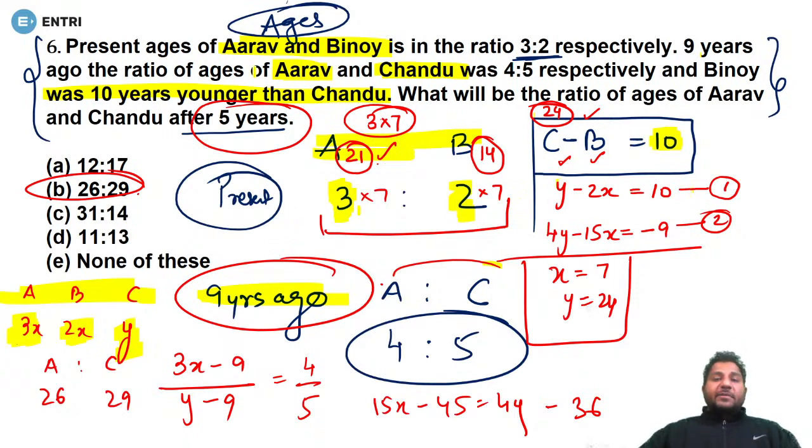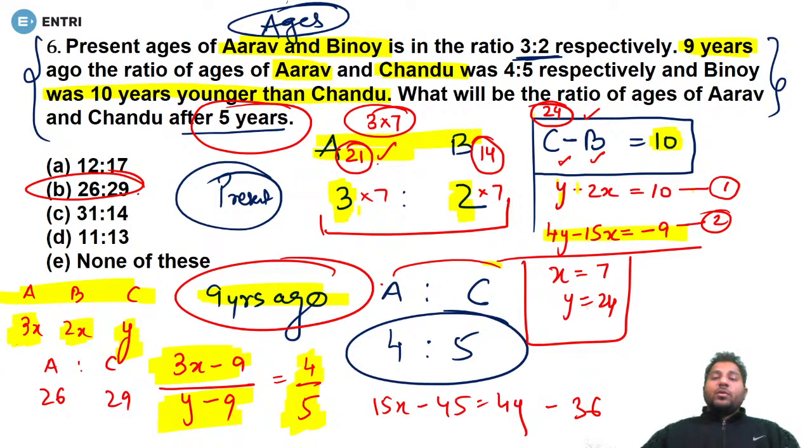Now the second statement says 9 years ago. So 9 years ago Arav's age was 3x minus 9, while 9 years ago Chandu's age was y minus 9, and the ratio has to be equal to 4 by 5. Then we will cross multiply and make it the second equation.